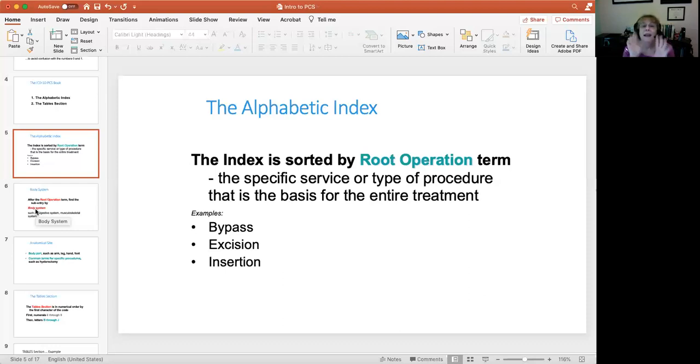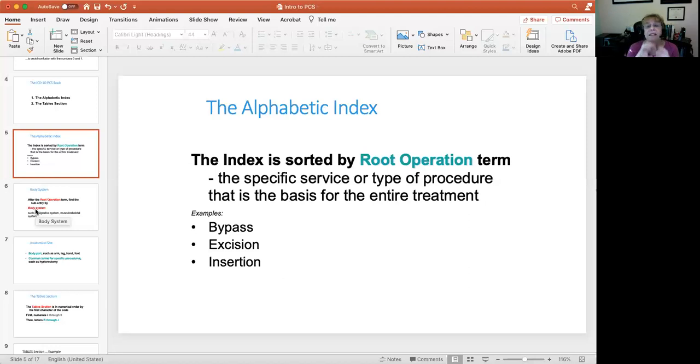All right. Here's your first little speed bump in PCS, but you guys can do it because remember, it's all written in the book, all right? Okay. Excision in PCS means to cut into and take out only a part of the organ, not the whole thing.